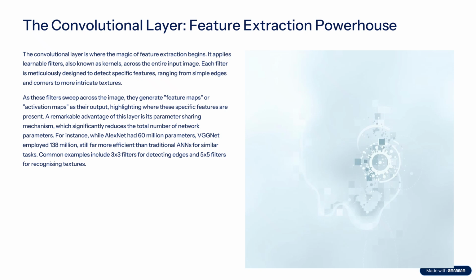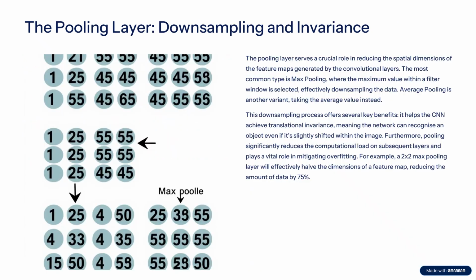A remarkable advantage of this layer is its parameter sharing mechanism, which significantly reduces the total number of network parameters. Common examples include 3 by 3 filters for detecting edges and 5 by 5 filters for recognizing textures.